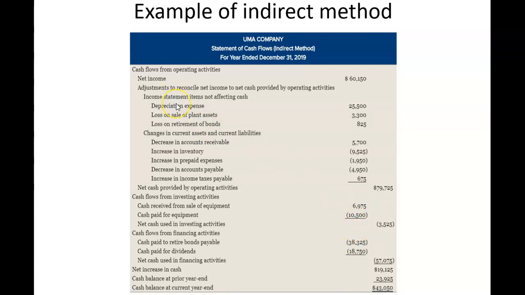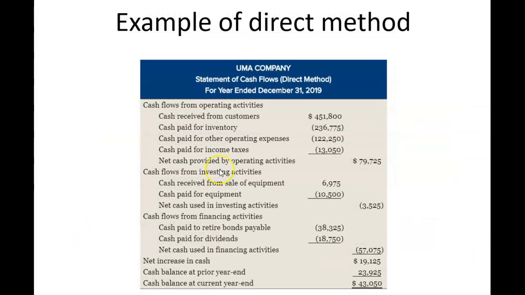So using the direct method or the indirect method will only make a difference in your presentation of the cash flows from operating activities. Also notice that the net increase in cash under the indirect method was $19,125. Then look at the net increase in cash under the direct method, exactly the same. So the deal is, both methods produce the same results.